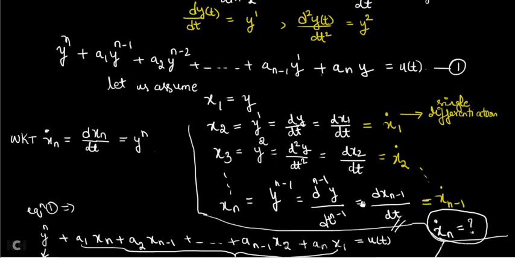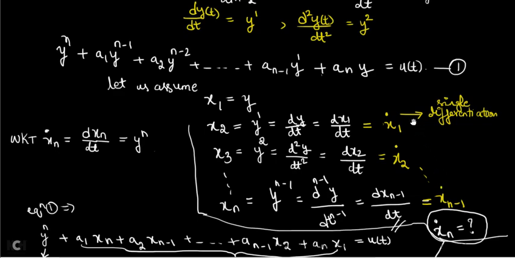So that can be written as dxn minus 1 by dt. Correct, no? For x3, differentiation of x2 you got. Similarly, for xn, differentiation of previous xn minus 1 you will get. That is xn minus 1 dot.